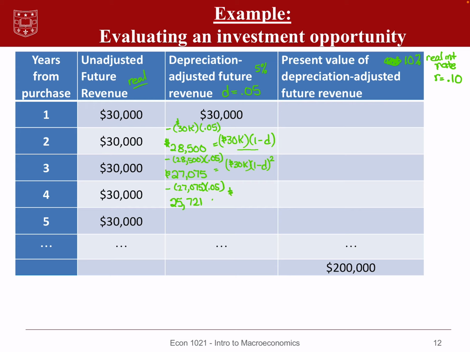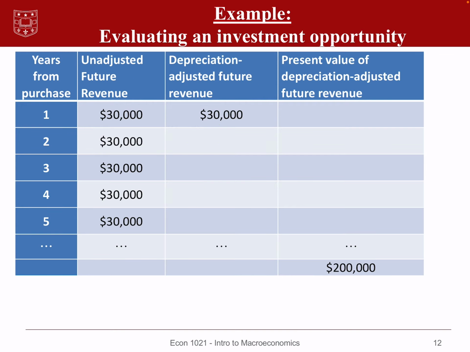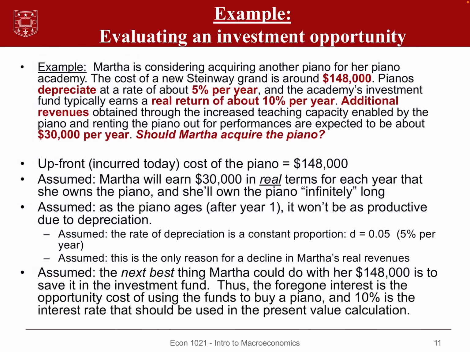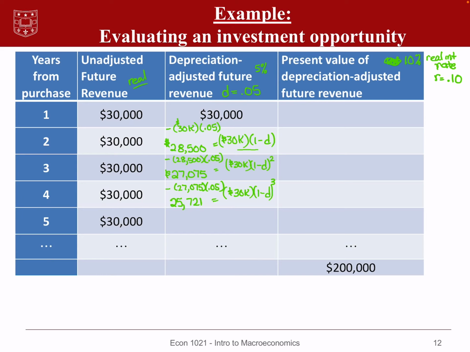This is $30,000 times 1 minus the depreciation rate, now cubed. And finally, we have as our number here $24,435. And I'll leave it to you to confirm that you could arrive at that by taking the $30,000 times 1 minus the depreciation rate to the 4th power.